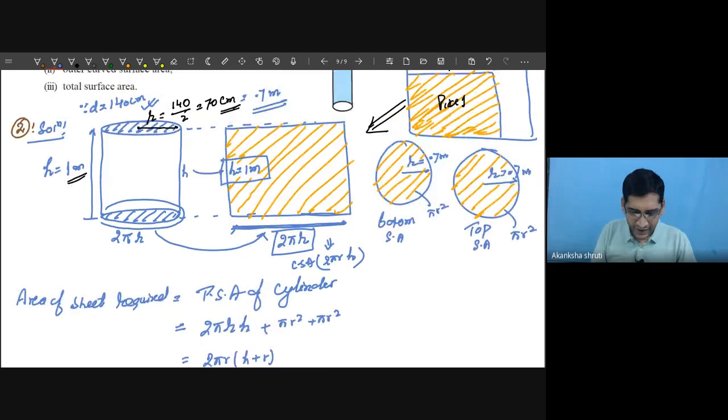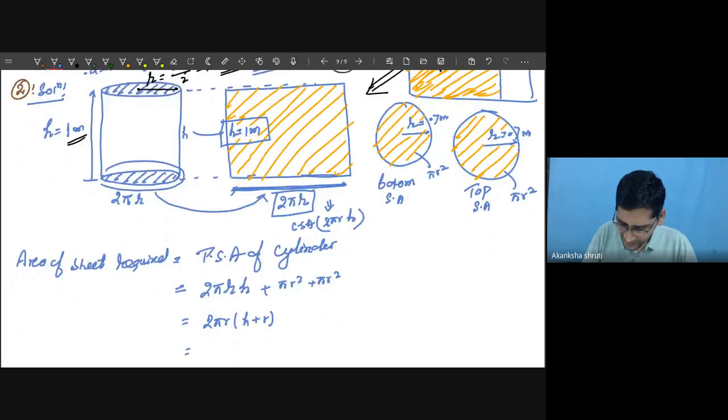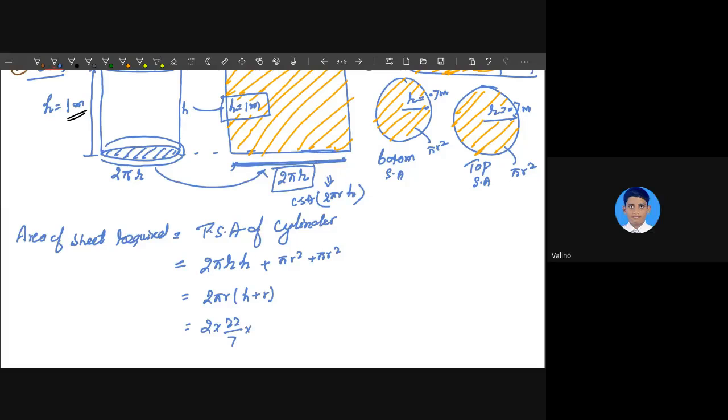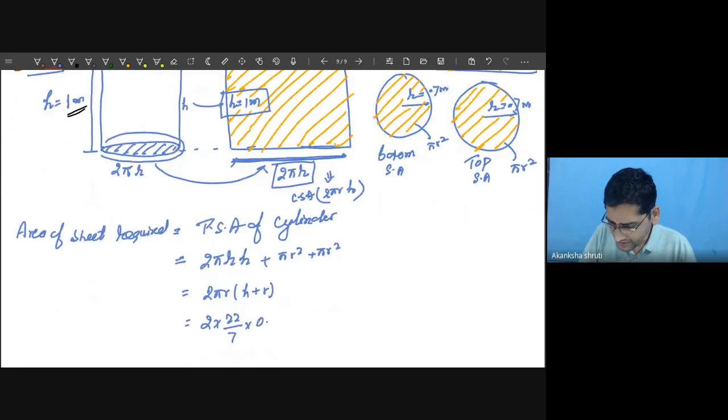Students, I had already advised you, first you derive the formula and finally you substitute the value. So here it is obtained by 2 into 22 by 7 into r, which is given here as 0.7. Okay, students. Then h is 1 meter. Everything is in meter.